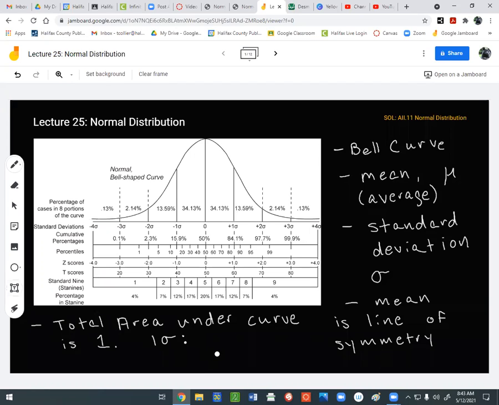So let's talk about standard deviations. What you'll see up here is there's going to be a -1 sigma and a +1 sigma. 68% of all the data is going to fall within 1 standard deviation of the mean. So beside 1 sigma, I'm going to write 68%. It's actually a little bit more than that, but I'm going to round it down to 68%.